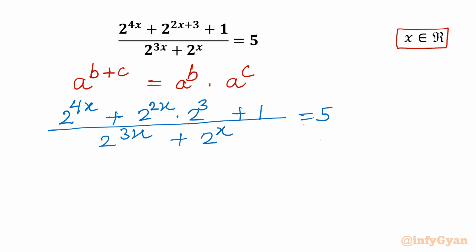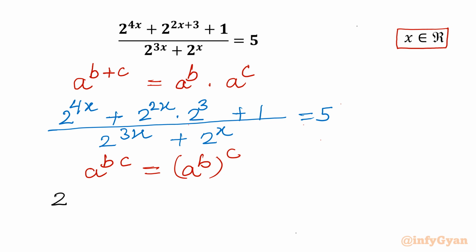Now I will write another exponent law, which states that a^(bc) we can write anytime as (a^b)^c. Let us apply it in the numerator and denominator.